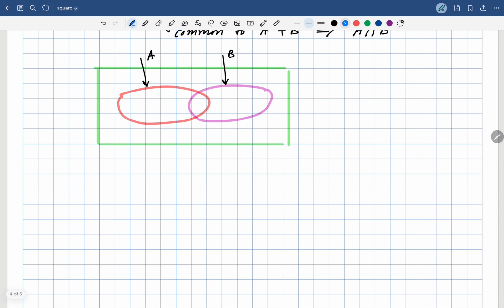Now let's think about this one. I'm going to shade B prime. So what is B prime now?